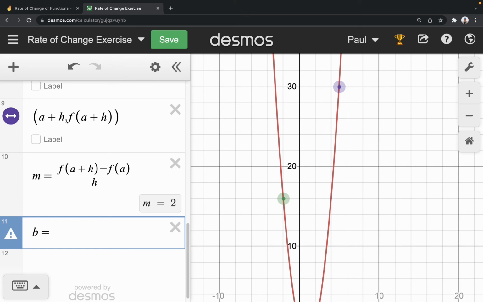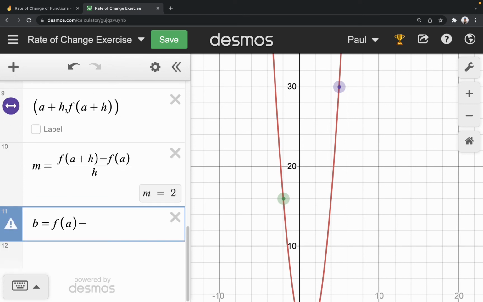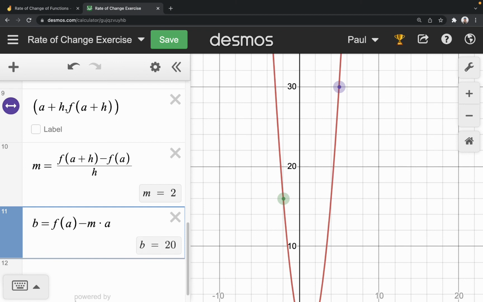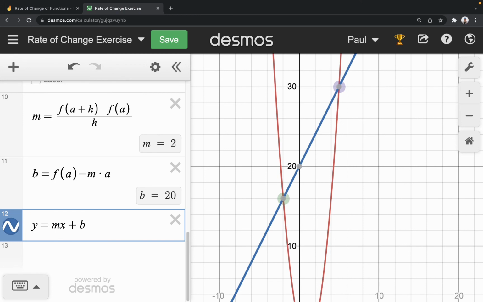It's a quick problem with some algebra, if you know your steps. This is what I got when I worked it out. Basically, I just started with y equals mx plus b, filled in what I knew, and solved for what I didn't. All right, so there's that line connecting the points.